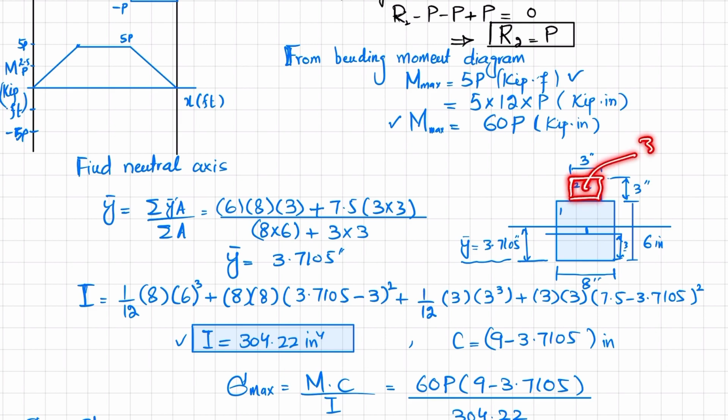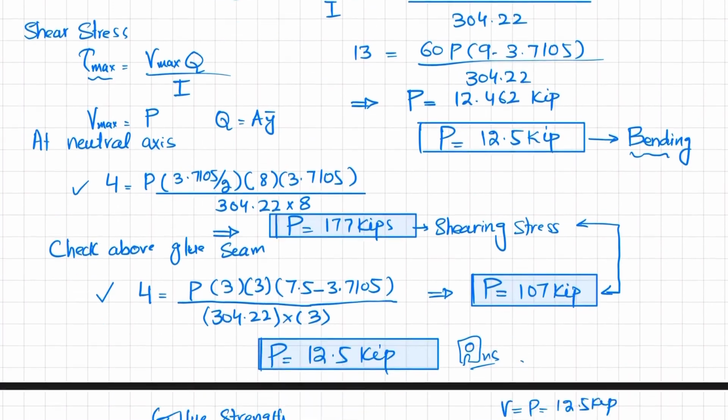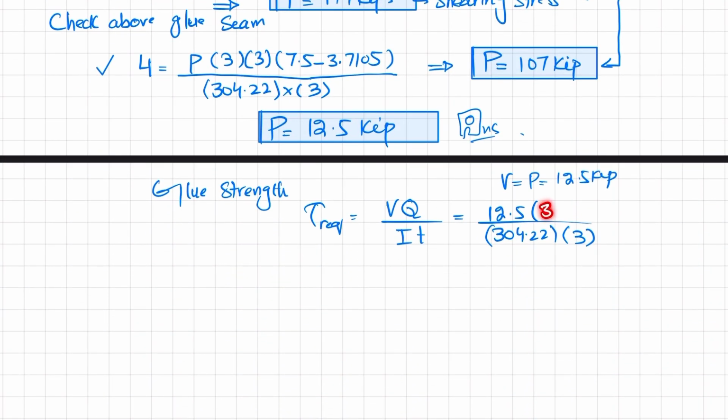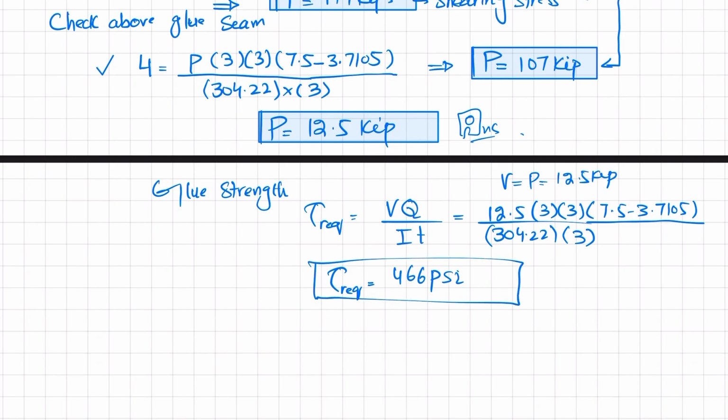So this area is 3 by 3, and its distance from the neutral axis to the centroid is 7.5 minus 3.7105, and this thickness is 3. So you just put the value: 3 multiplied by 3 multiplied by 7.5 minus 3.7105. When you solve it, you will get the required strength of glue comes out to be 466 psi. And this is the answer of our second part.